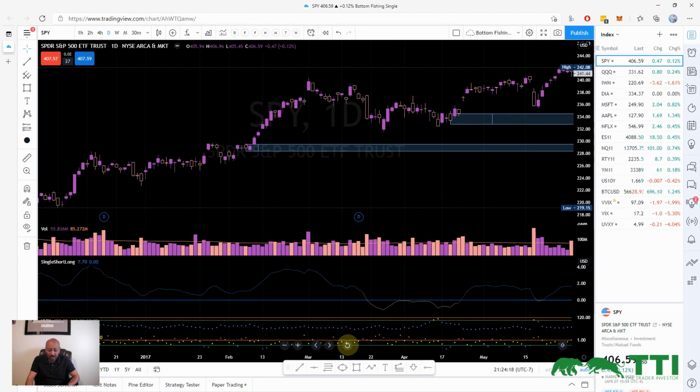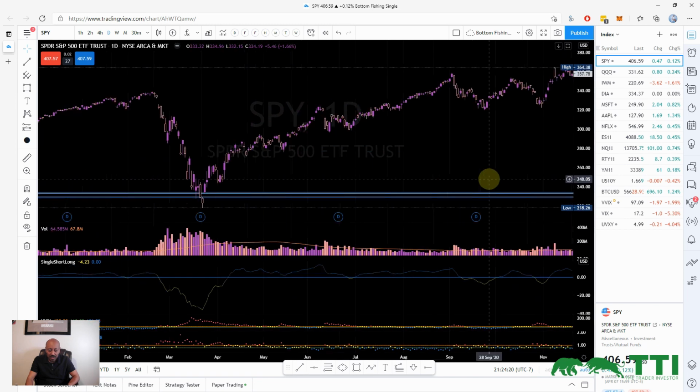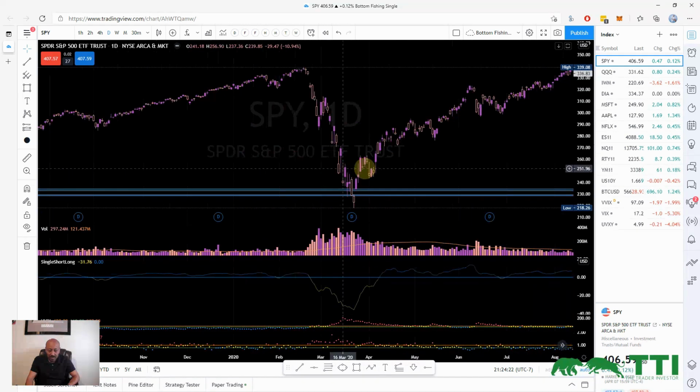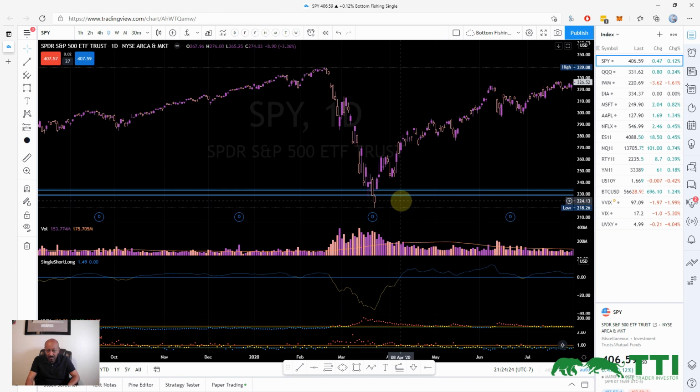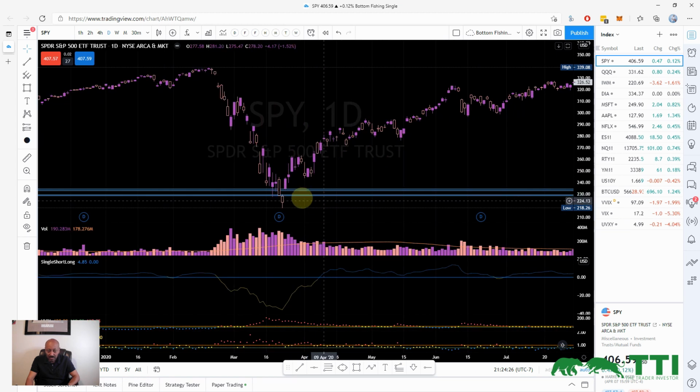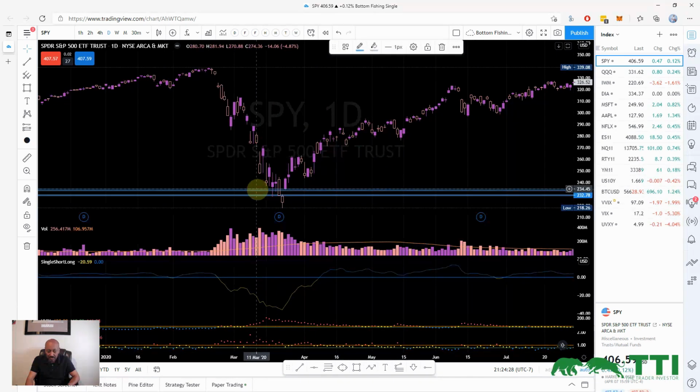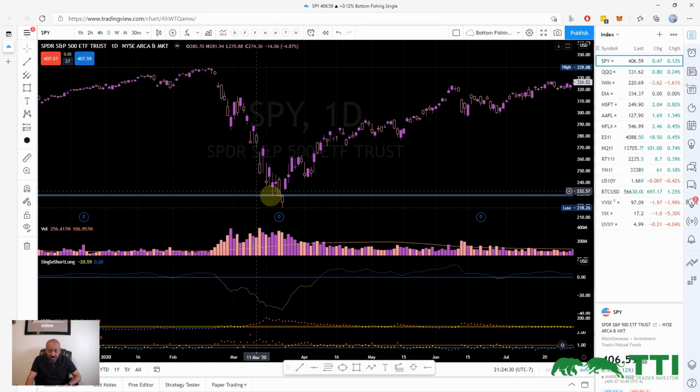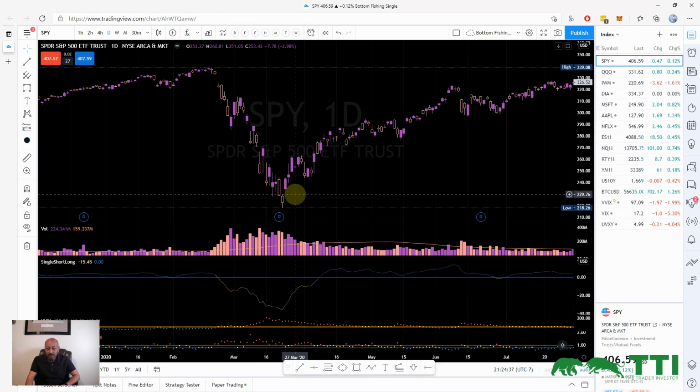And when we go to COVID, that's where we see price. Now this got mitigated and this got mitigated. Boom. This is how order blocks work.